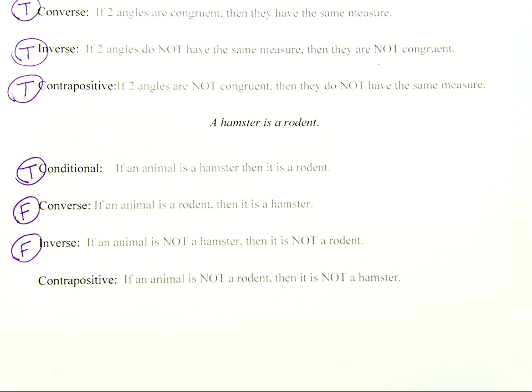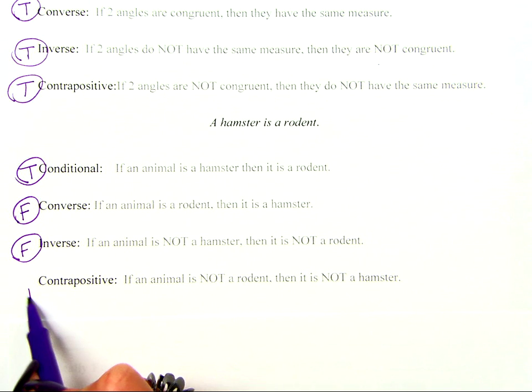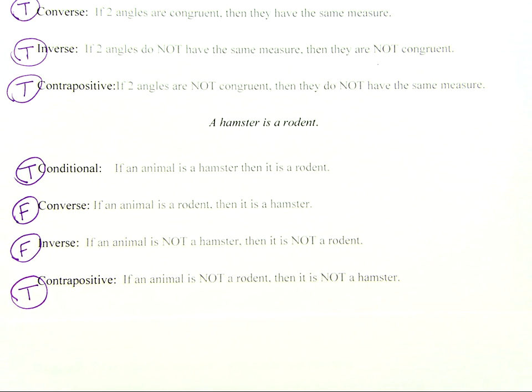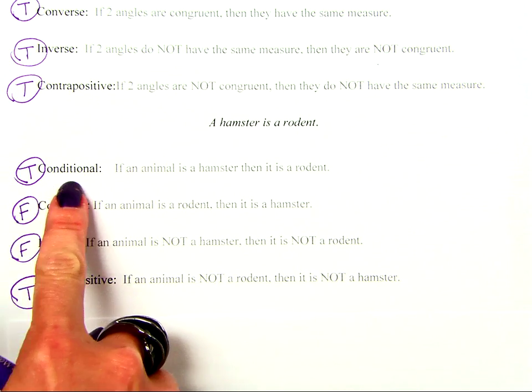If an animal is not a rodent, it's not a hamster. Well, if I have not a rodent, I'm going to have not a hamster. That is going to be true. You may have noticed that my contrapositive is saying basically the same thing as my conditional.